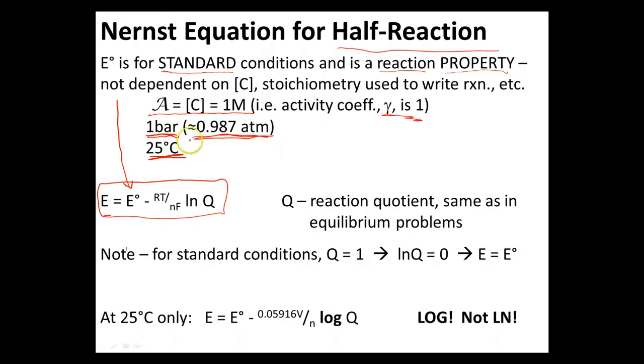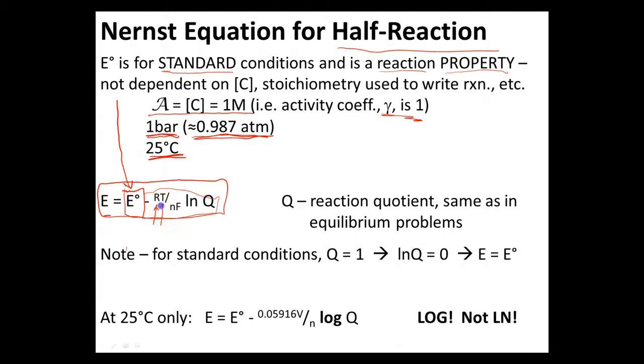But usually we won't be under that very specific set of conditions. In fact, we really do want to be able to change our concentrations. So instead, we're going to plug in our starting value, E naught, and then this whole piece is going to correct for all the other things that we're having. We're going to have the ideal gas constant, R, in there.